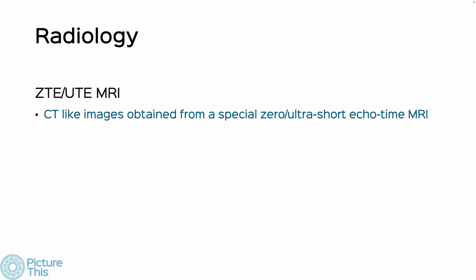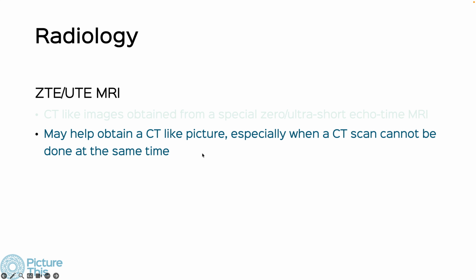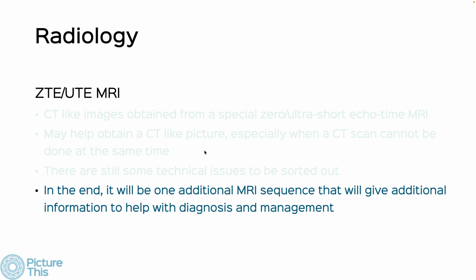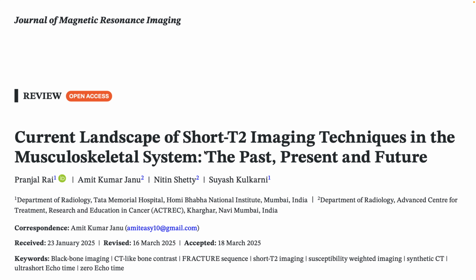And at that time, about 6 months ago, I said this is what I said: CT like bone images, and especially when CT cannot be done at the same time. There are still some technical issues to be sorted out, and one additional MR sequence.